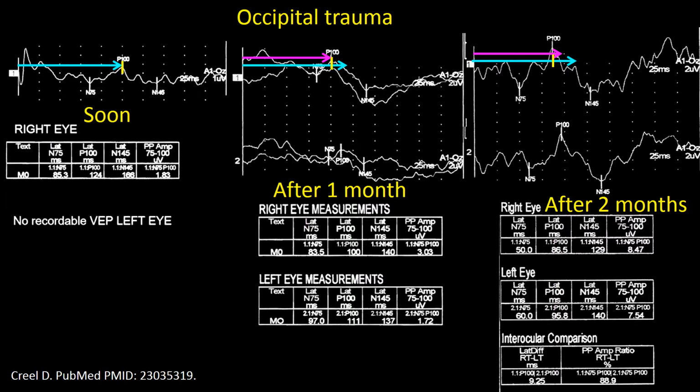The magenta arrow I have just introduced represents the latency to P100 at 1 month and at 2 months in the right eye, and in the left eye you can see a similar decrease in latency in both. The distance between the right and the left P100 is more than 6 milliseconds, which is considered by some abnormal despite the presence of a normal latency to P100.